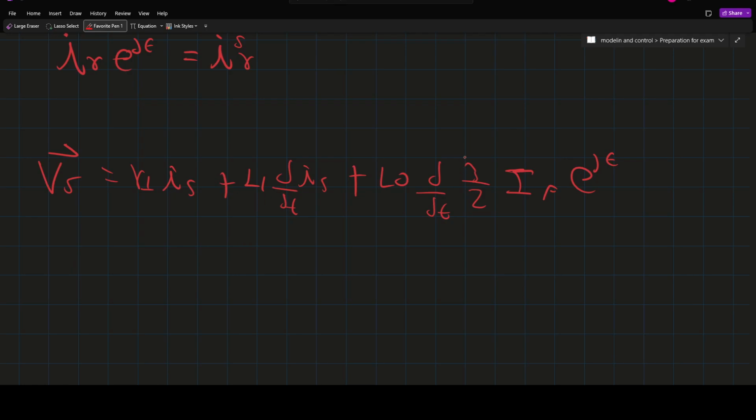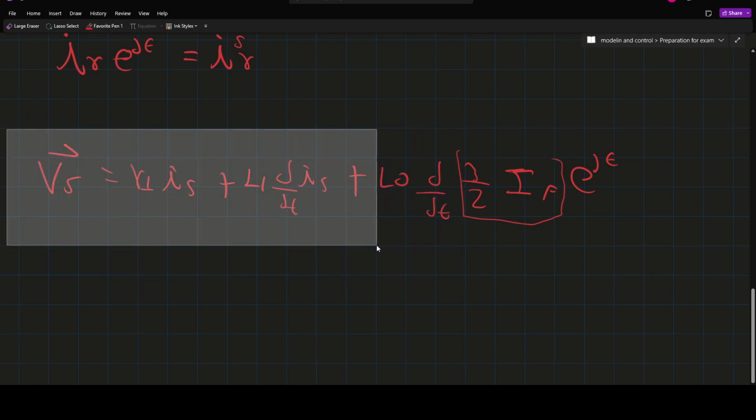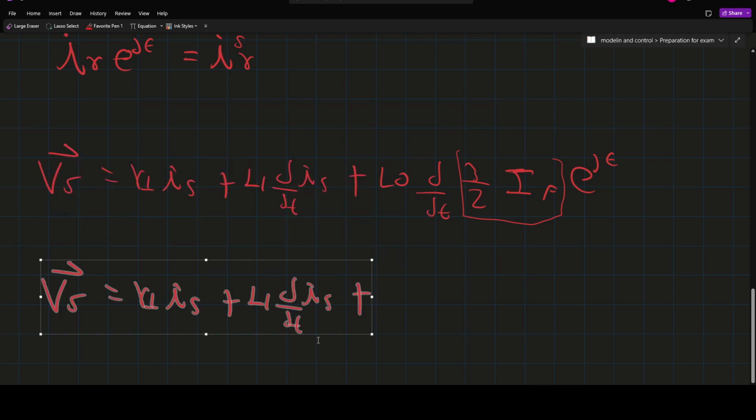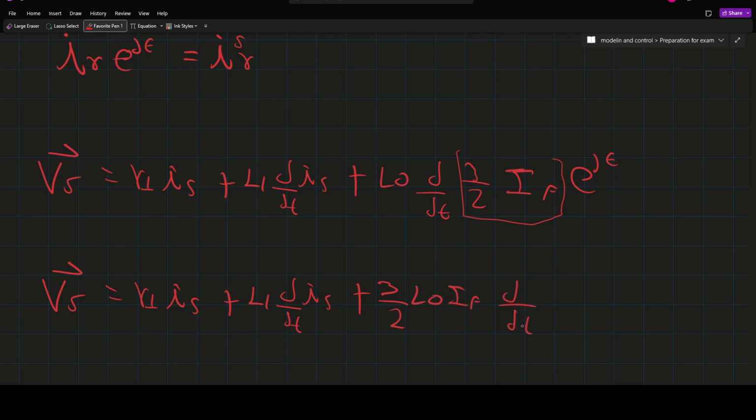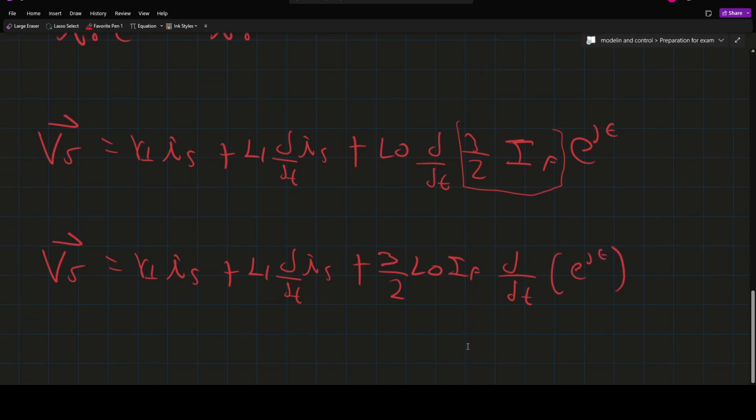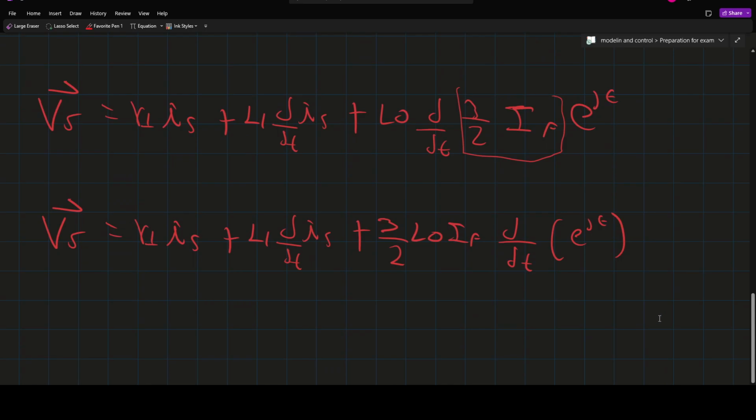And of course, all of these are constants, so we can move them out. So we're going to have 3/2 L naught IF and the derivative of e to the j epsilon.